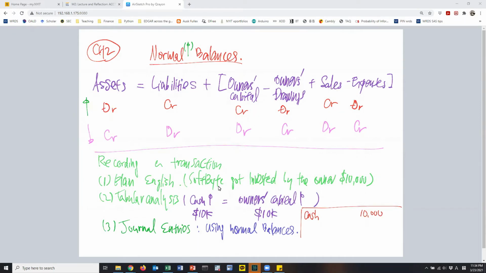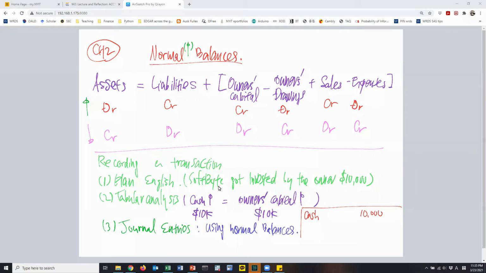And then at the same time, we should make a record of owner's capital increases. And owner's capital is increasing, a normal balance, increasing balance, right? When owner's capital is increasing, it should be recorded on its normal balance, which is the credit side.